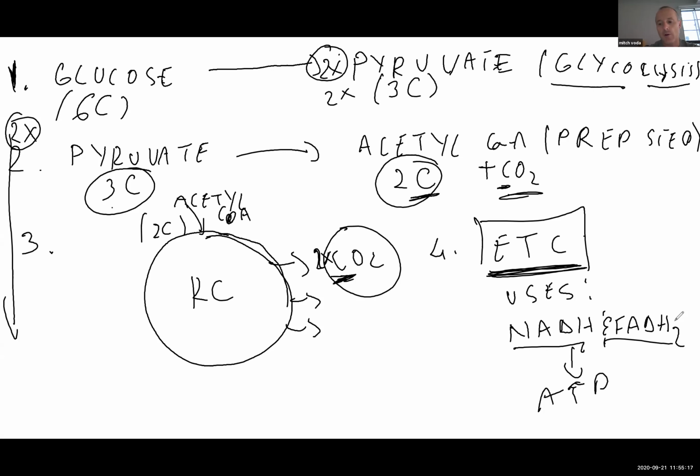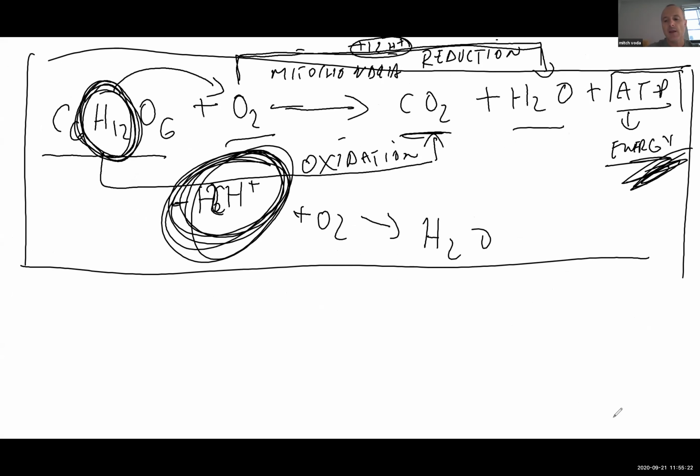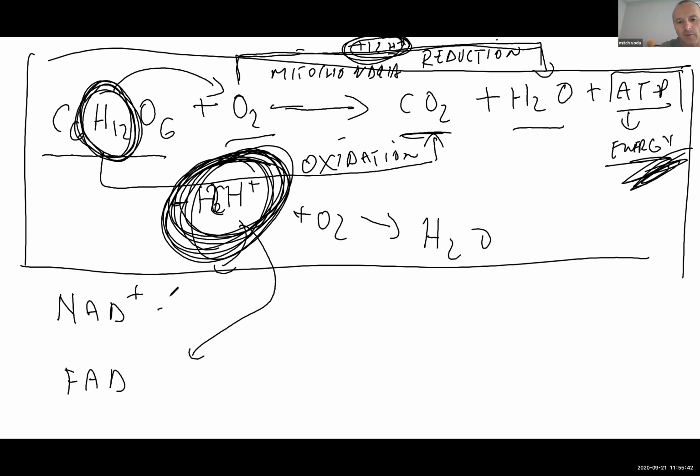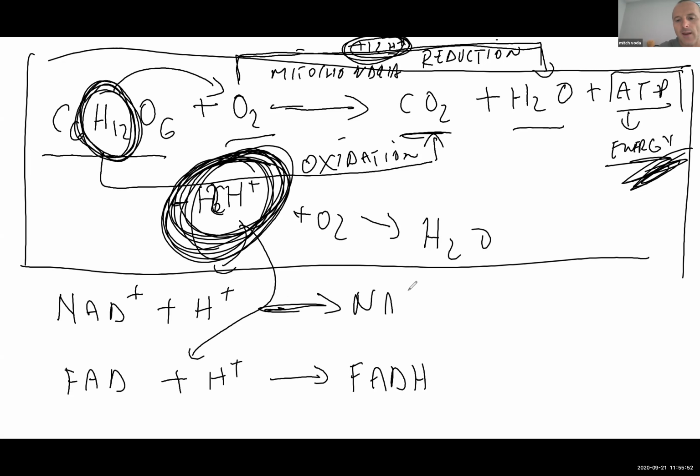Now, these 2 are basically transporters of the final product. That's how these hydrogens that are lost right here are going to be transported around, attached to 2 coenzymes, NAD+ and FAD. These 2 have the capability to pick up these hydrogens and turn into these transporters, FADH2 and NADH.